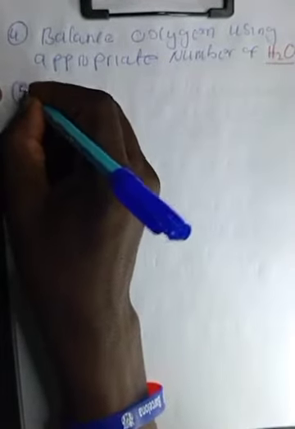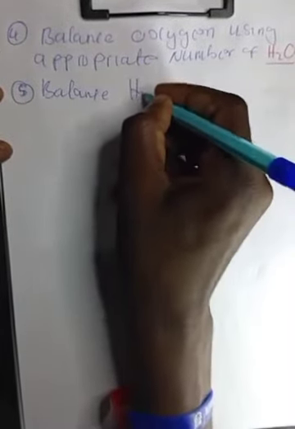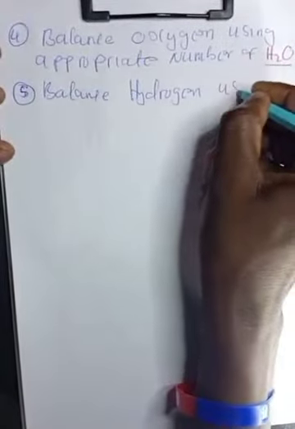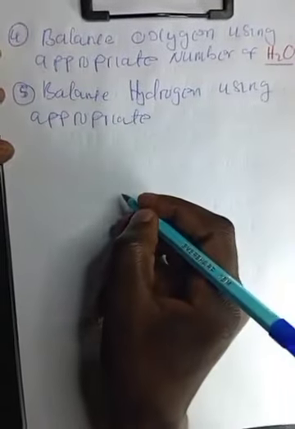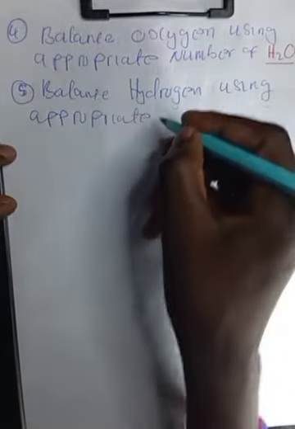Next, let's go quickly, and then we're going to revise them. Number 5. Then after that, we need to balance hydrogen using appropriate. So where the appropriate means equal number of water molecules and all that.